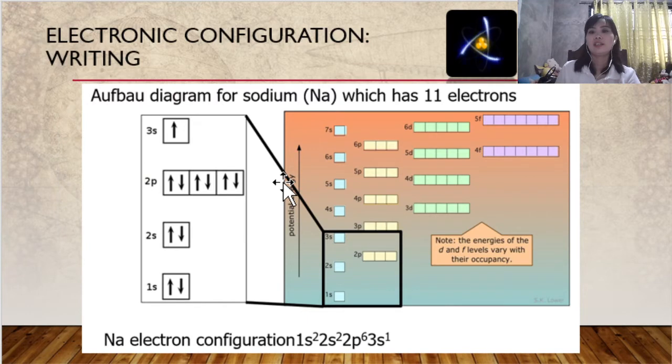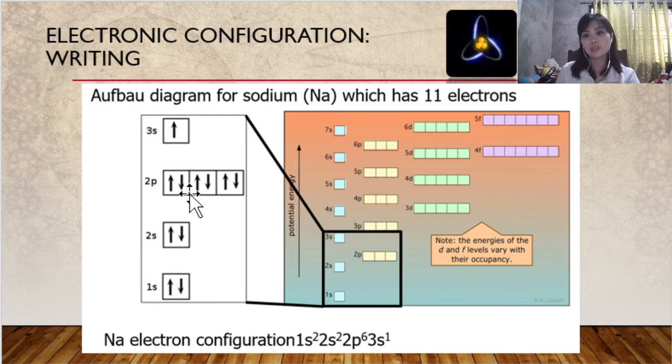Okay, so try to check our example of sodium element. Okay, we have 1s, so 1 and 2, then followed by 2s, 1 and 2. Per orbital, per box, orbital or box natin, dalawang electrons. So that's why 1s2, no? 2s2.